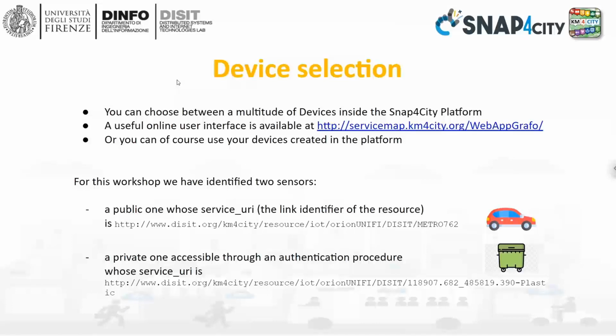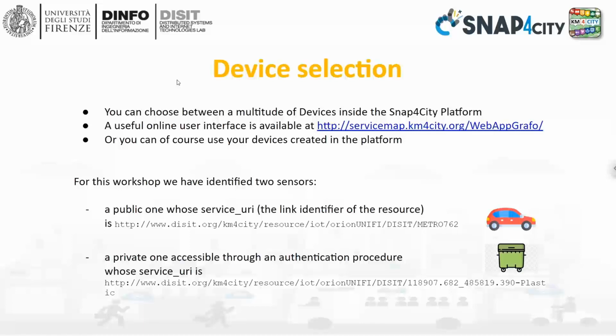There is this useful online user interface, the service map, that allows you to select your sensor, your device, with a map. So you have the map, for example, located in Florence, and you search the type of sensors that you want, for example road sensor.